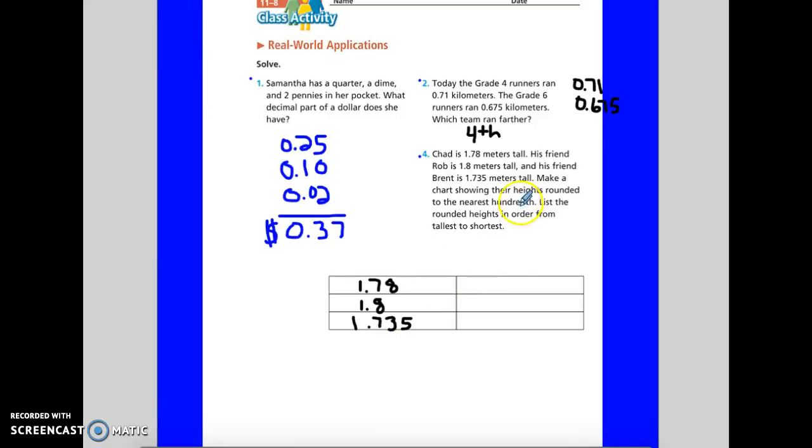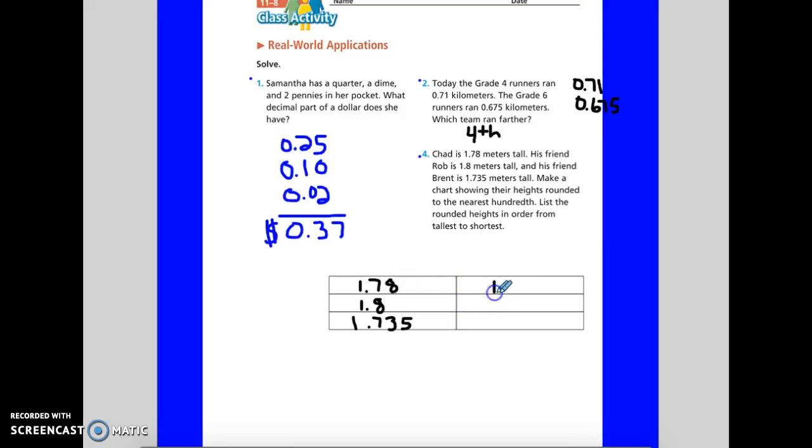All right, so first thing it told me to do is round to the nearest hundredths. So I'm going to look here, and this is my tenths, this is my hundredths, so I'm going to look behind it, and there's nothing there, right? It's a 0. So in this case, I don't have to change it.